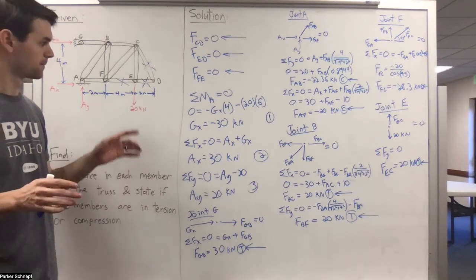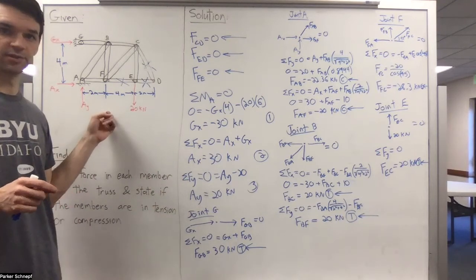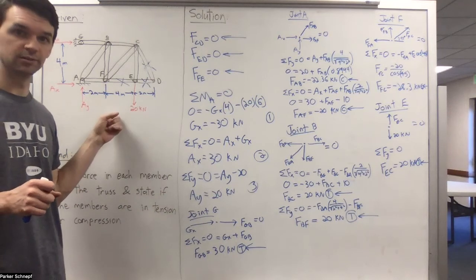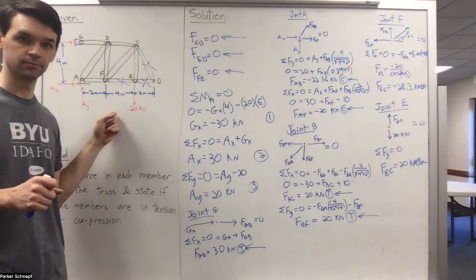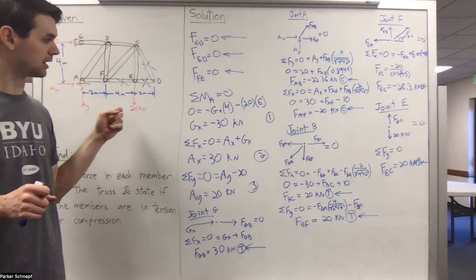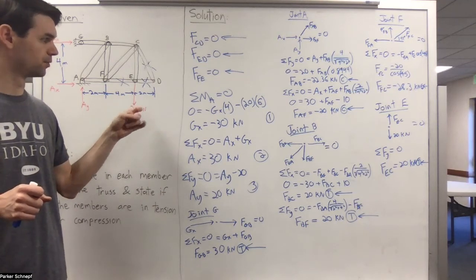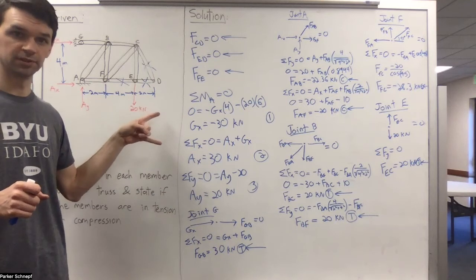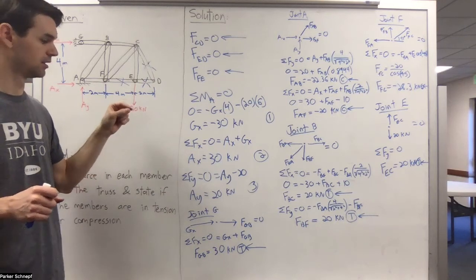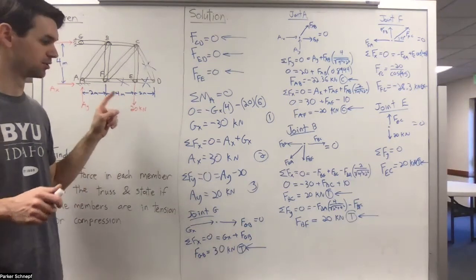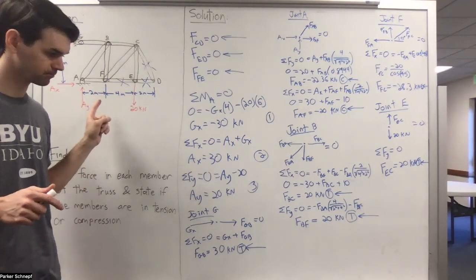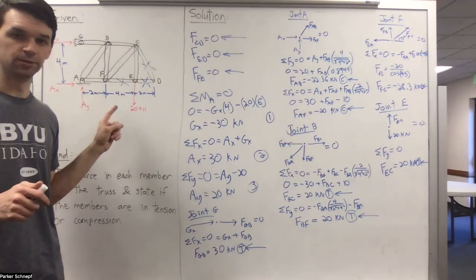But again, the order of operations with a method of joints problem: solve for your zero force members using our rules. Solve for your reaction forces, and then move along joint to joint, drawing a free body diagram at each joint, and solve for your unknowns.